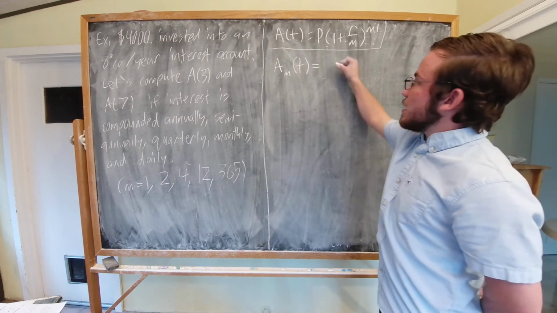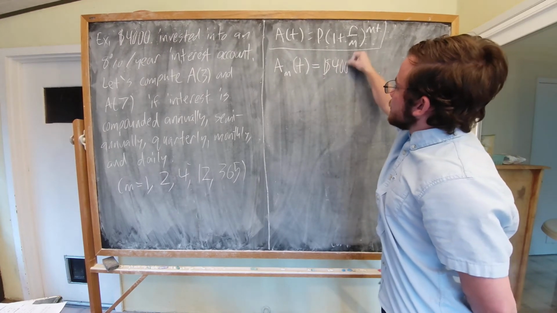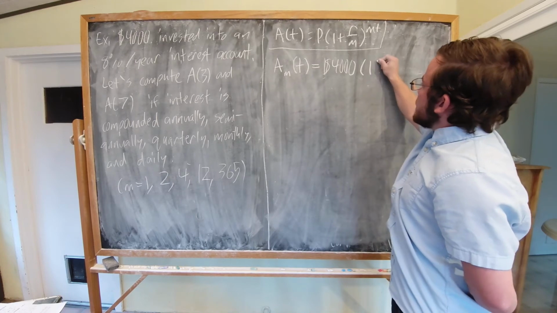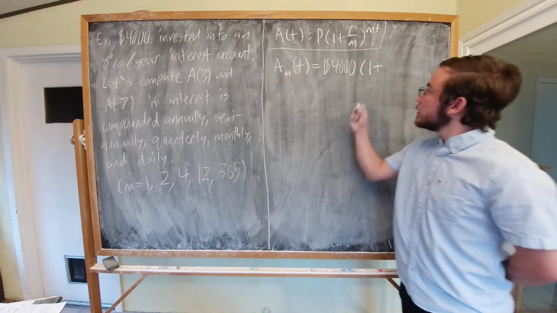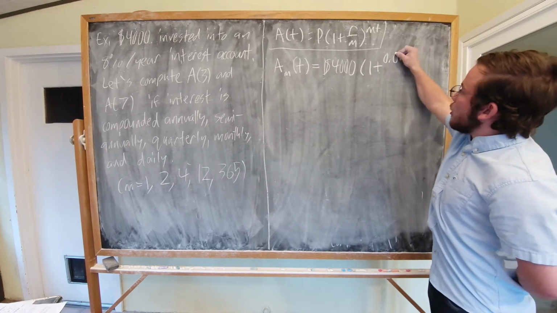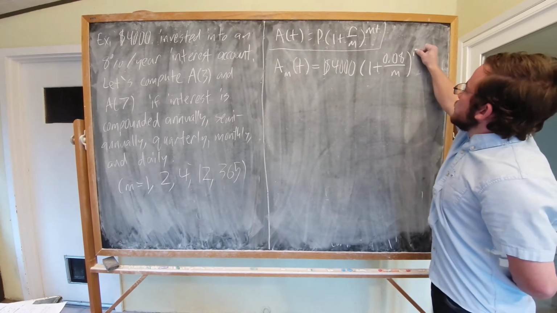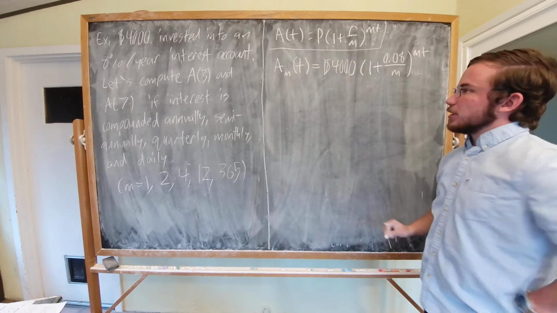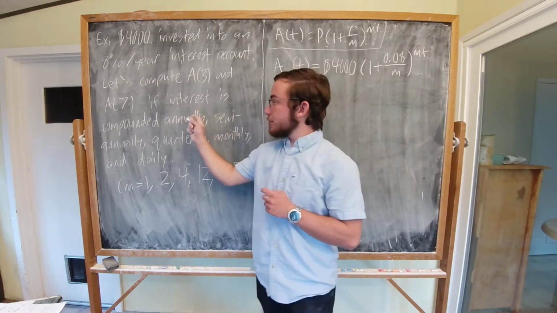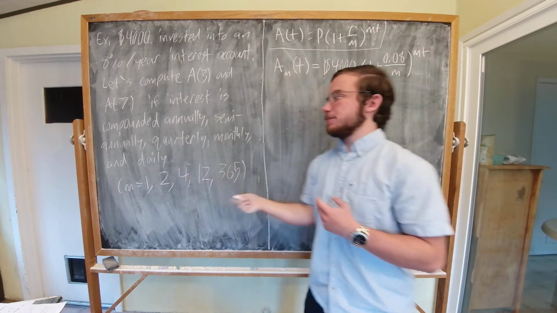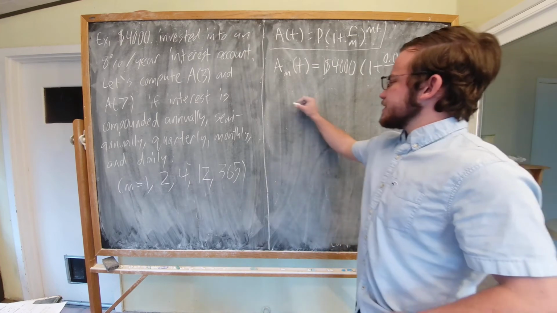So it'll be $4,000, our principal, times (1 plus our nominal interest rate R, so 0.08, divided by M) to the MT power. So we want A sub 1 of 3, A sub 2 of 3, A sub 4 of 3, and so on, and then the same for 7. So let's compute those.